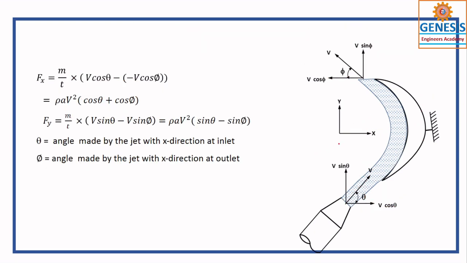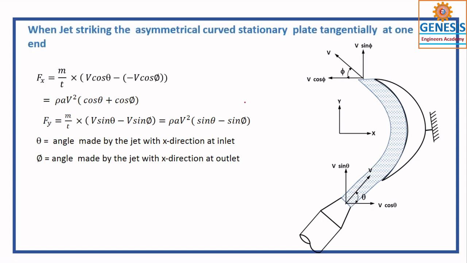So this topic is asymmetrical. The jet is striking from one end tangentially, that is the thing. Here, even if the geometry is the same, the angle may be different like this one.